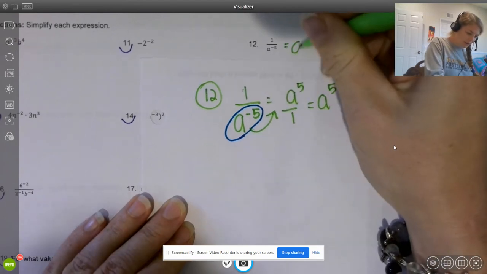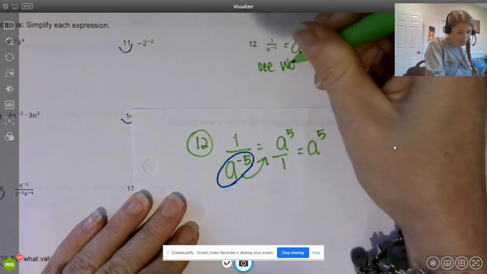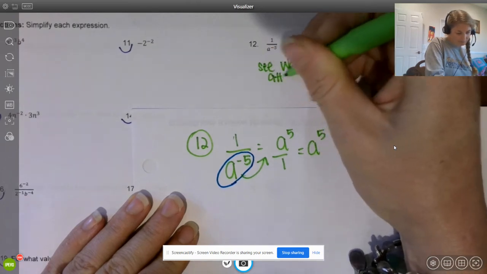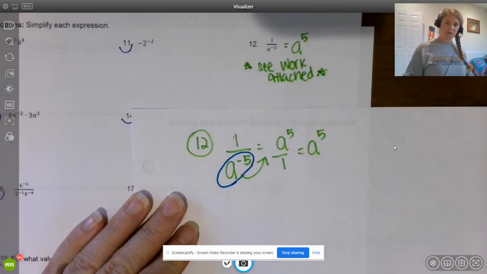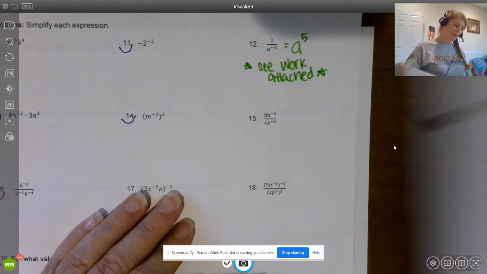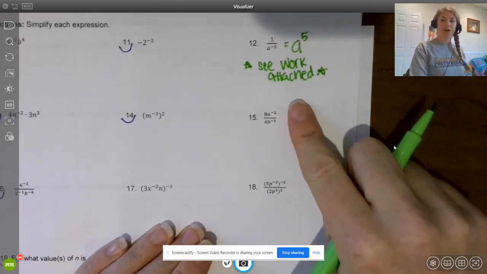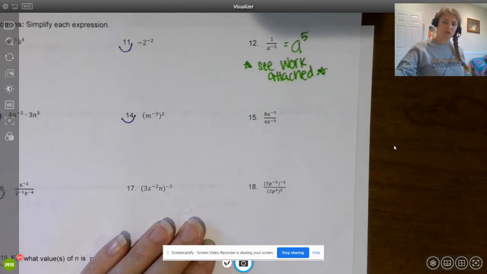And you can always write your answer here, and say see work attached, so that you know there's some work you'd want to see on your separate piece of paper. Obviously, I didn't really need to write work attached because I had enough room, but I just wanted to show you in case of future.